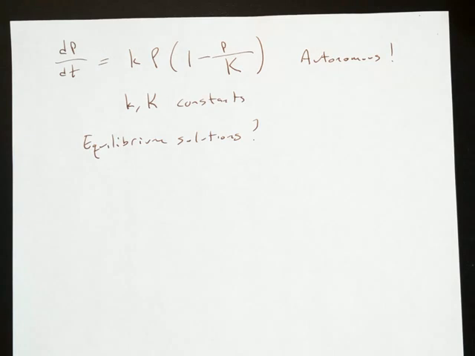What are equilibrium solutions again? Where the slope field is not necessarily stable. It could be stable, it could be unstable, it could be something else, where I have a slope of 0.